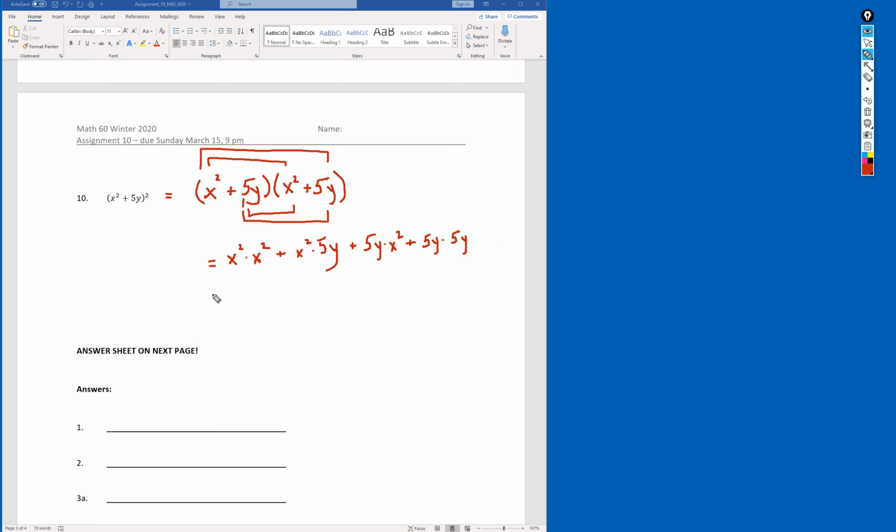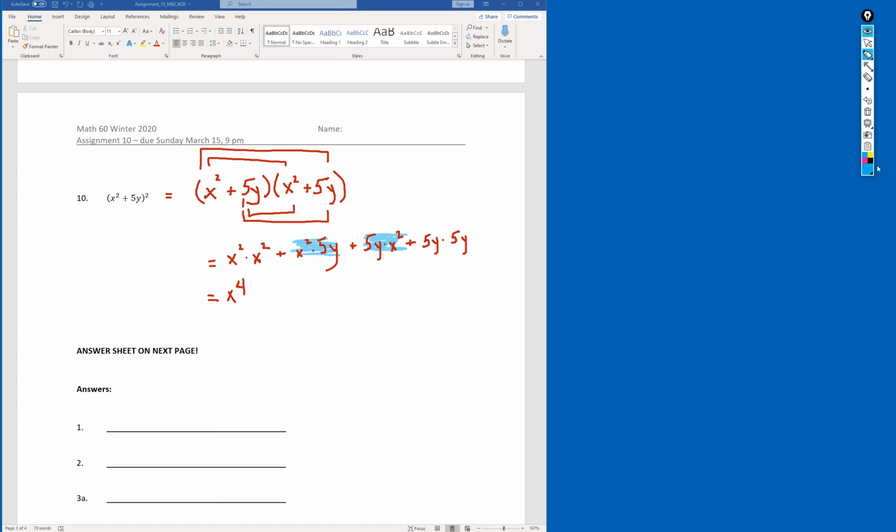All right, let's go through and start cleaning this up a little. So x squared times x squared, just add the exponents. It's x to the 4th. On these middle two terms, hopefully you can see that these are like terms because they both have the same variables to the same exponents.